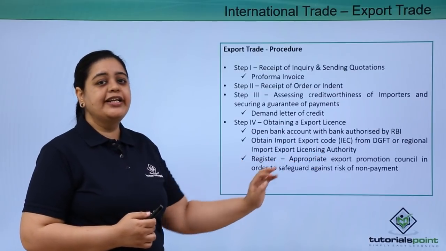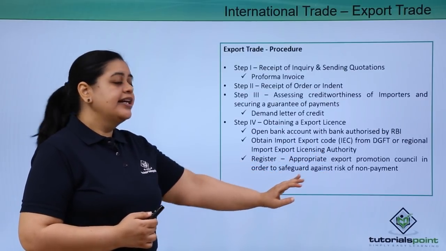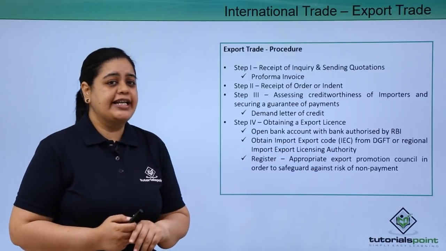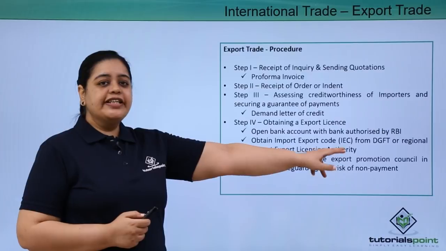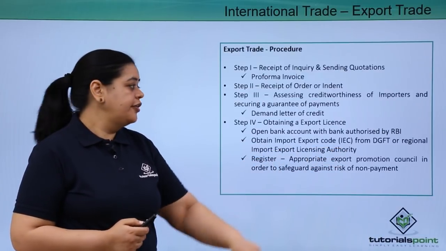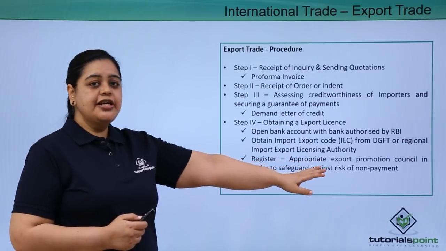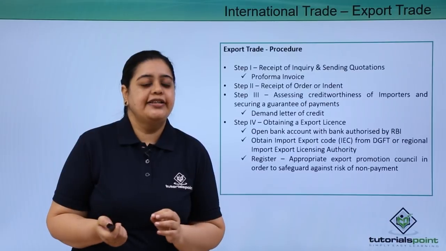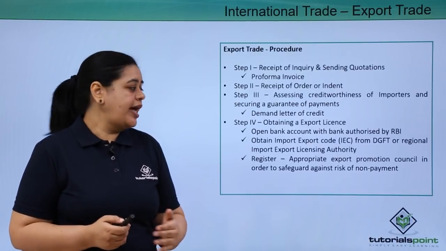Then you have to obtain IEC. This is known as Import Export Code, popularly known as IEC. We will get this from the Directorate General of Foreign Trade, that is DGFT, or from the Regional Import Export Licensing Authority. So I need to get the IEC after I have opened my bank account.